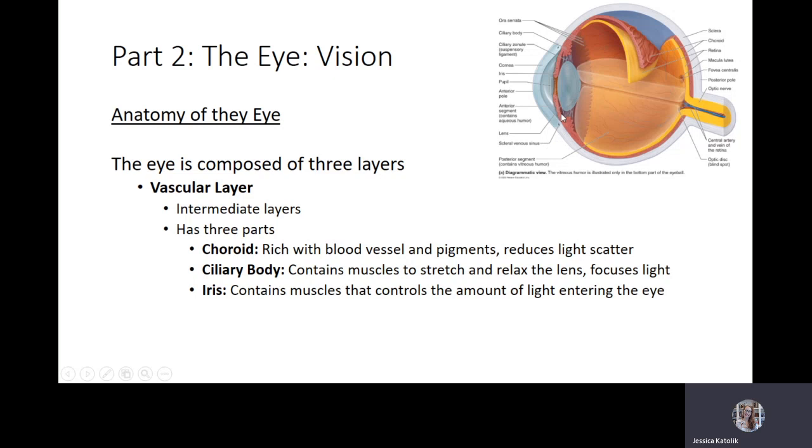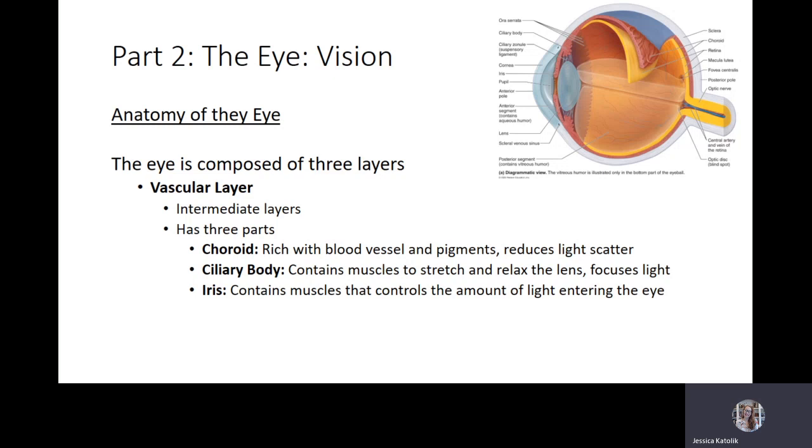The other structure we have here is the iris. The iris is the colorful part of our eye, and it has muscles inside of it that allow the pupil, the hole in the center of the iris, to expand and contract.